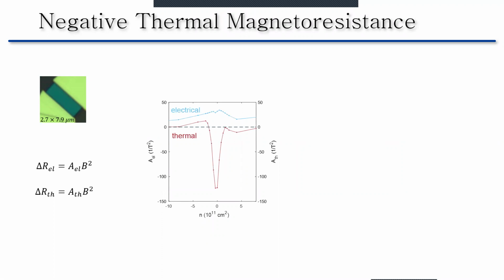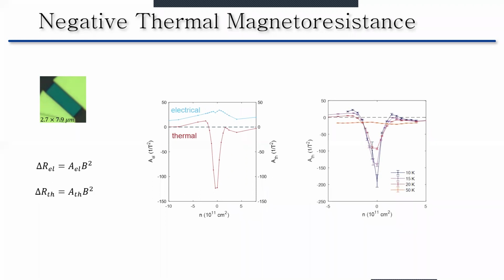So the electrical curvature is positive for all of these densities with a gentle peak around zero density, while the thermal curvature has this sharp negative peak that happens at zero density. And if we vary the temperature, that negative peak is deepest and narrowest at lower temperature, and it becomes more shallow and wider as the temperature goes up.